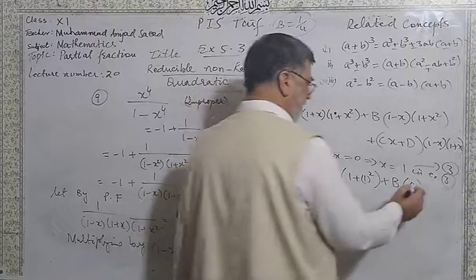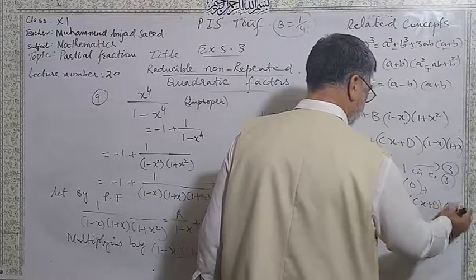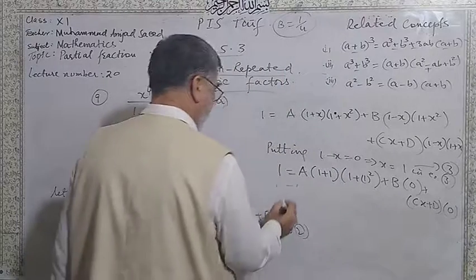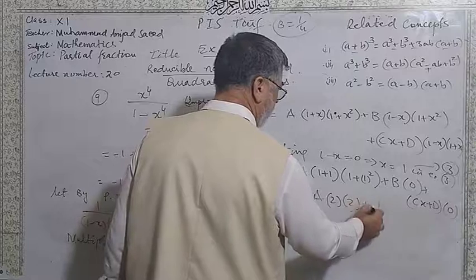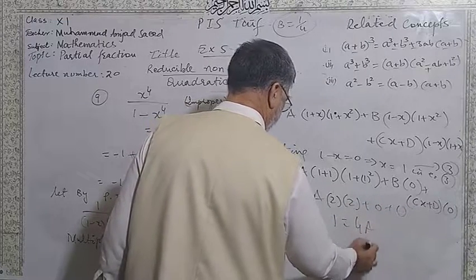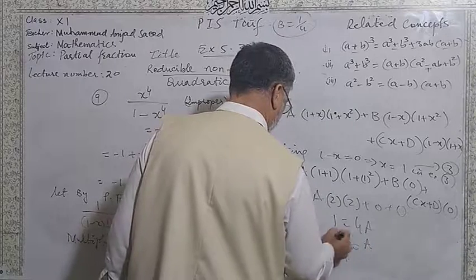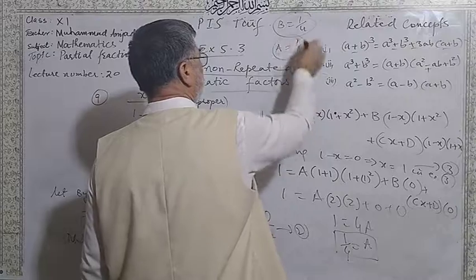So similarly, the last factor cx plus d into 0. So here 1 is equal to a into 2 into 2 plus 0 plus 0. So 1 is equal to 4a and a is equal to 1 over 4. So we have a is equal to 1 over 4 also.